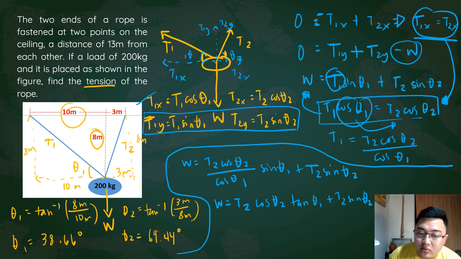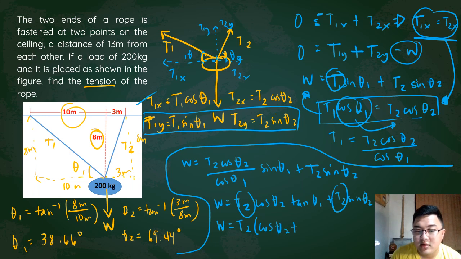Now we need to just isolate the expression T2 so that we can solve for T2, and we can factor that out in this expression. Therefore, W is equal to T2 multiplied by cosine theta 2 tangent theta 1 plus sine theta 2.